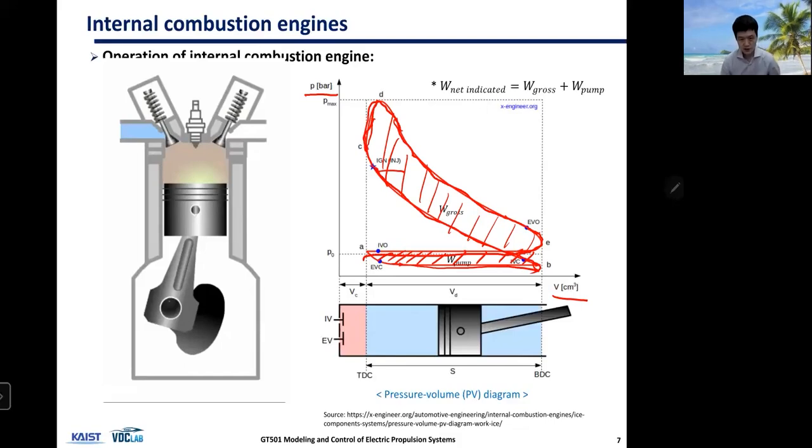Whereas when you are getting air sucked in, you need work to get the air inside of the cylinder, which creates vacuum inside the cylinder, which is sort of a resisting force on the piston. So this is minus work, this is positive work. The summation of those two gives you the total output work, which is shown right here.